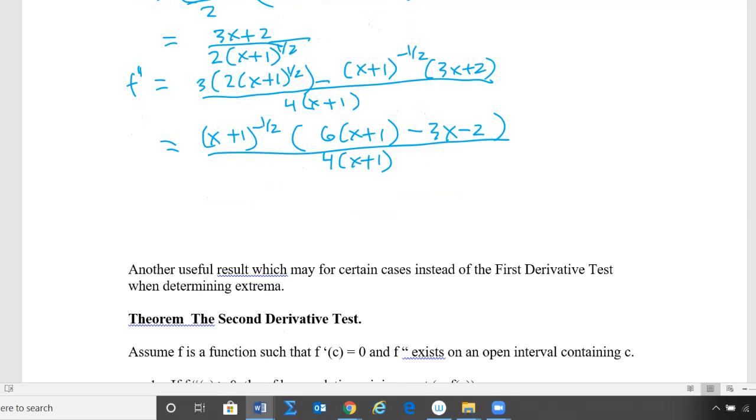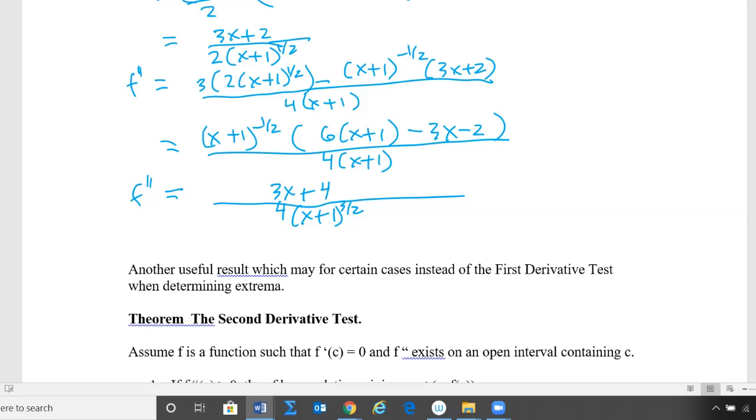Let's see if we can simplify a little further here. This thing here is going to come down to the denominator and make that x plus 1 to the 3 halves. On the top, we have 6x minus 3x is 3x, and we have a 6 minus 2 is a 4. So there's f double prime.